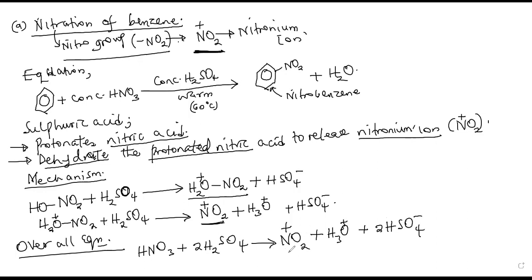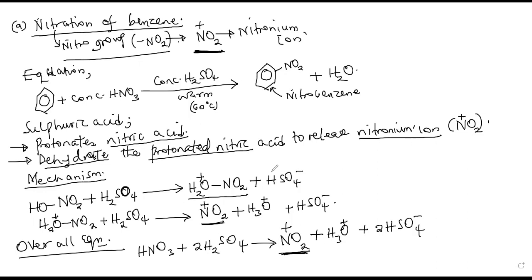Now, our main point of interest is this electrophile. An electrophile is a substituent that is deficient in electrons, or the electron deficient species. So this is the species that is going to be used to attack the benzene ring.